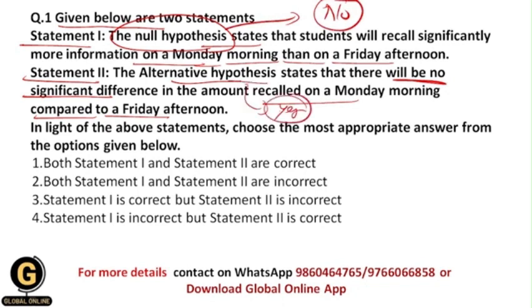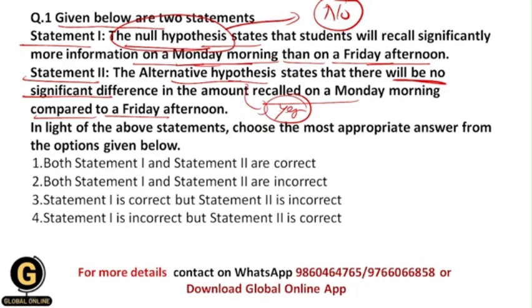But if we read both of these statements, within the null hypothesis part they have mentioned that there is a significant relationship between the information on a Monday morning and on a Friday afternoon. So there is basically a difference between the information grabbed by the student on a Monday morning and the information grabbed by a student on a Friday afternoon.